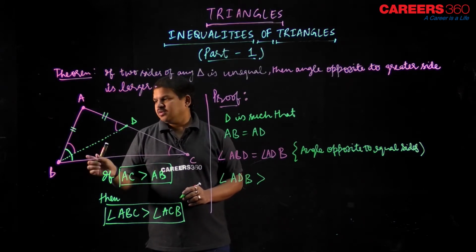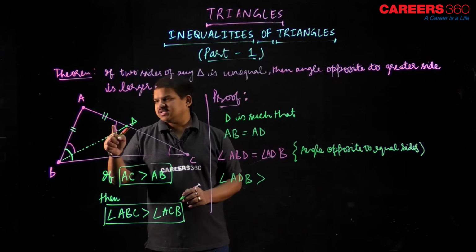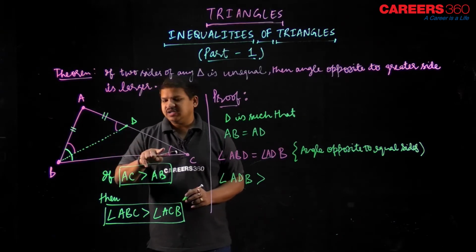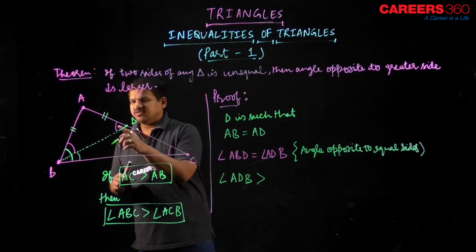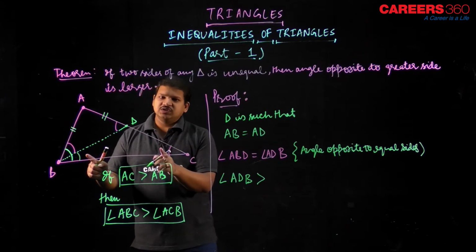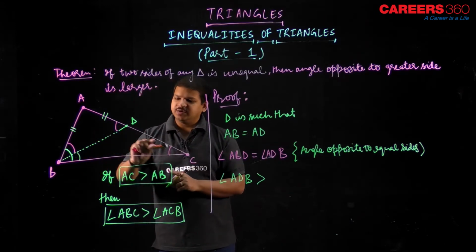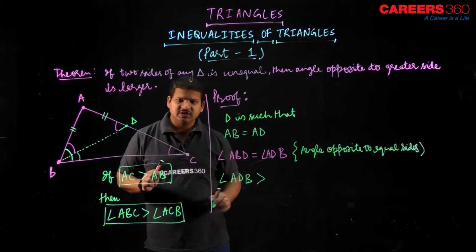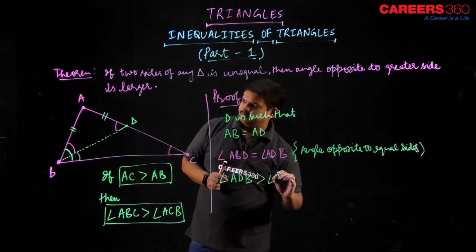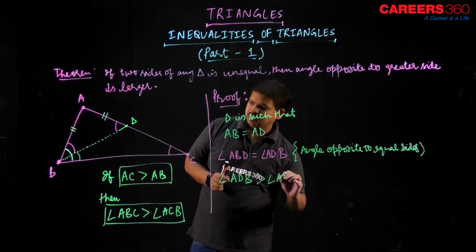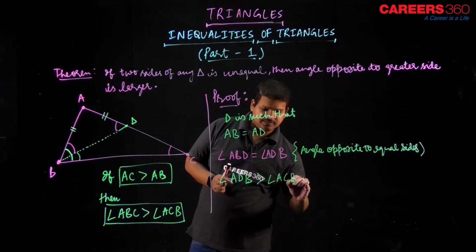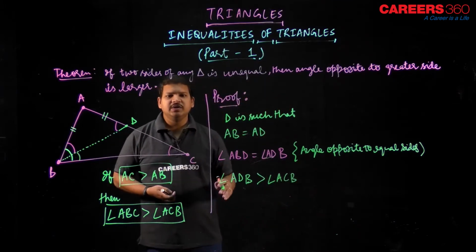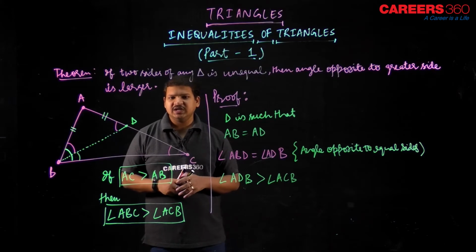There is also the property that this angle will be the summation of this and this. So obviously this angle will be greater than this one. I hope it is clear to you. Angle ADB will always be greater than angle ACB.